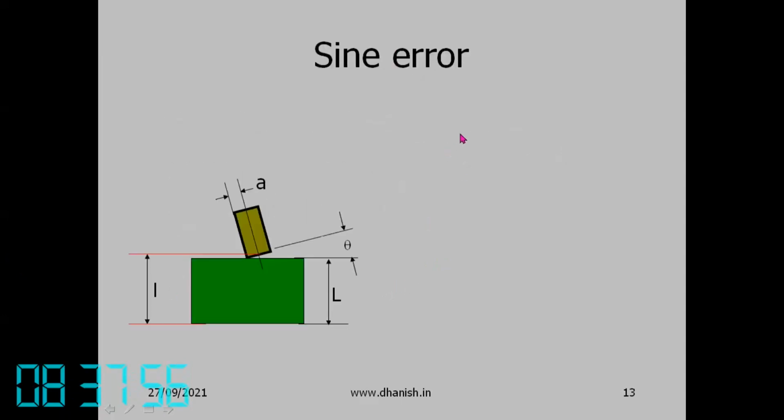Next is sine error. Sine error is caused by misalignment of the contact face. So the face of the measuring instrument, when it contacts the workpiece, if there is some misalignment, that will cause sine error.